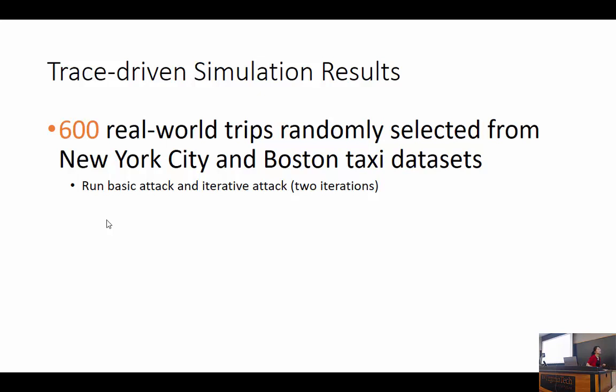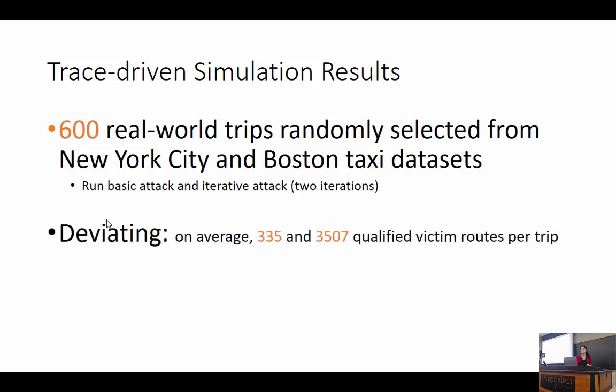For the goal, if the attacker just wants to delay by deviating the victims, then on average for New York and Boston, for each taxi trip we can have on average 335 and 350,107 qualified victim routes per taxi trip.